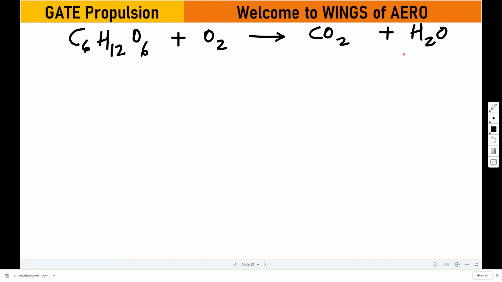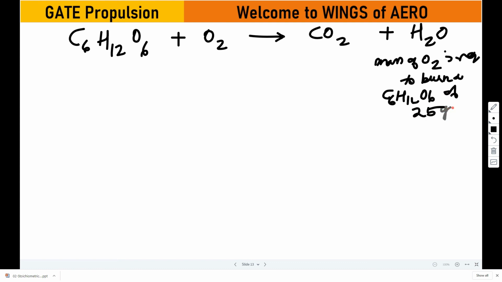From here, you have to find the mass of oxygen in grams, as you have done before, that is required to burn 25 grams of C6H12O6.